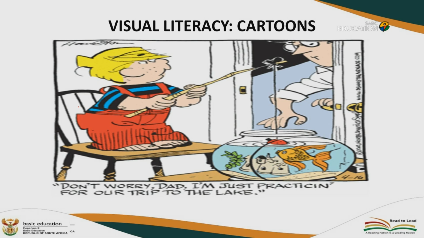With cartoons here, we have an example cartoon of Dennis the Menace. Many of you will be familiar with Dennis the Menace, especially if you read comic books or buy Sunday magazines. There are many other examples that examiners use to question you during the exam.